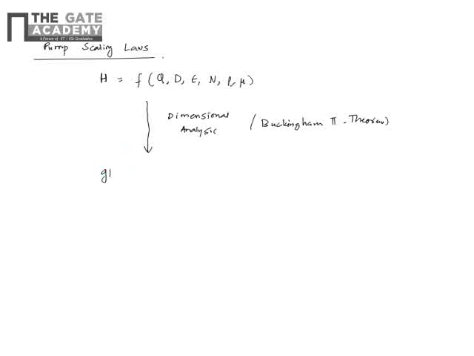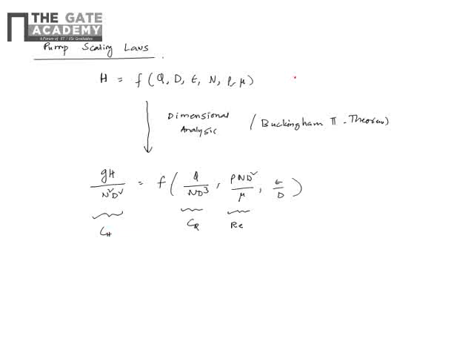When you do the Buckingham theorem, which you are not doing here, but I'll just show you, once it is done it is expressed in something like this. This is your Reynolds number, this is your discharge coefficient, the capacity coefficient, and this is your head coefficient.